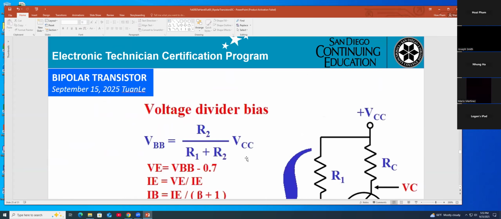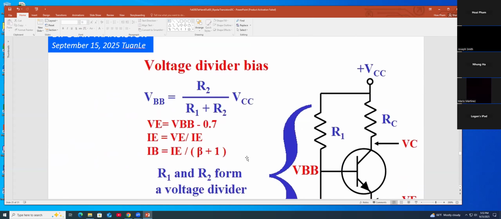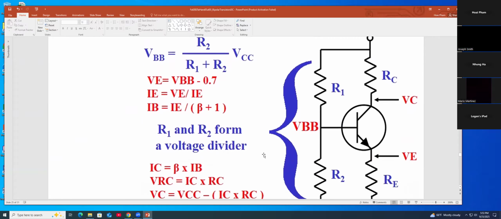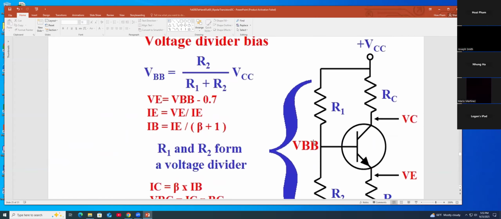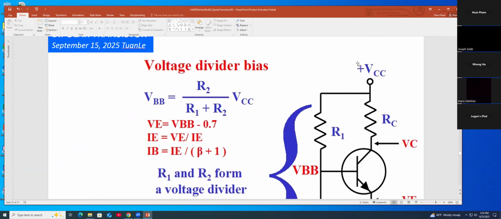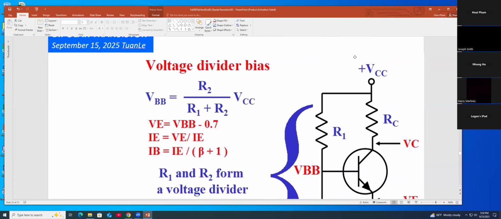We don't care about that. Now, we really care right here: voltage divider bias. If you're looking at the circuit connection, you need only one VCC power supply.